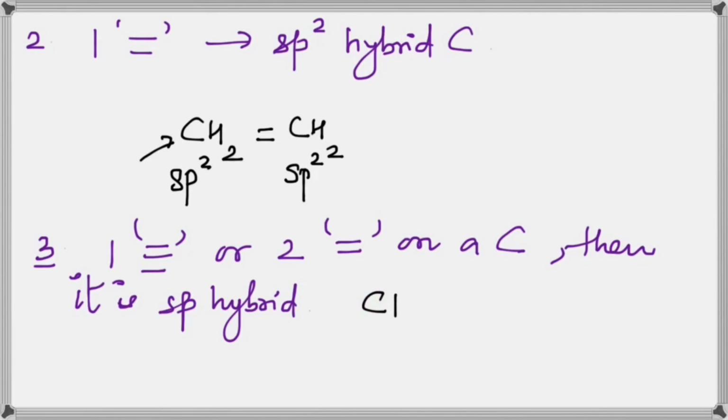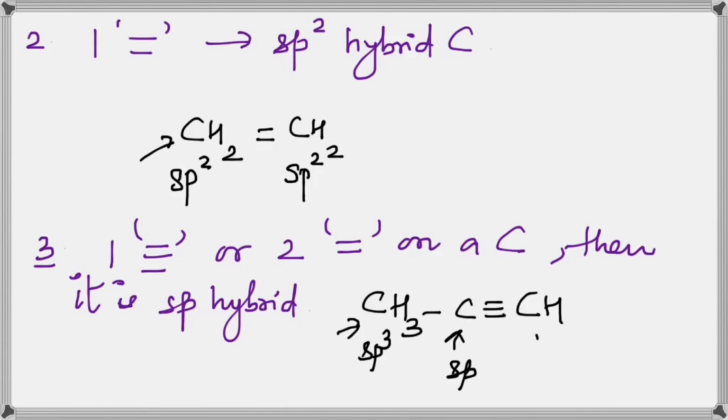If we have CH3C triple bond CH, then the first carbon atom here has 3 single bonds with H and 1 single bond with a carbon atom, so it is sp3 hybrid. And the second carbon atom has a triple bond, therefore it is sp hybrid. And finally the last carbon atom has also a triple bond, so it is also sp hybrid. So all you need to see is how many double bonds or triple bonds are present, and accordingly you can decide the hybridization of the carbon atom.